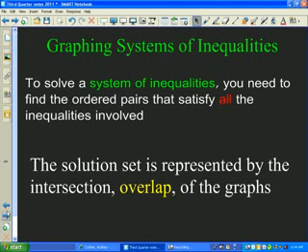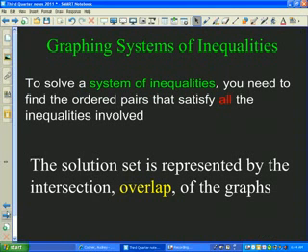First part is some notes, so you definitely want to write this stuff down. We're going to go into graphing systems of inequalities. Last time we dealt with just inequalities, one at a time. Now we're going to deal with the whole system. To solve a system, you need to find the ordered pairs that satisfy all the inequalities involved.